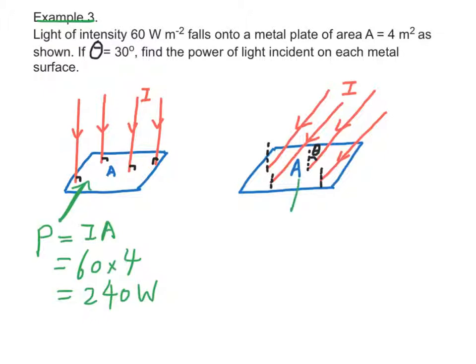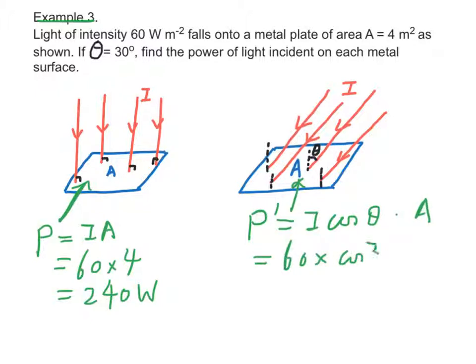And the power of light on the surface is P equals I cosine theta times A equals 60 times cosine 30 degrees times 4, which is equal to 208 watts.